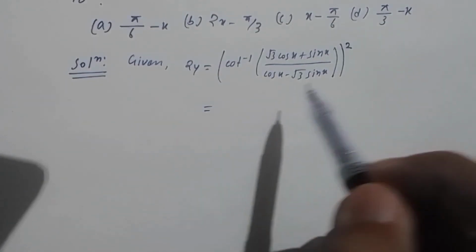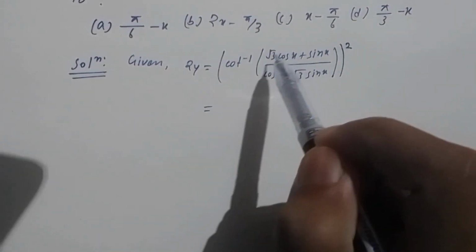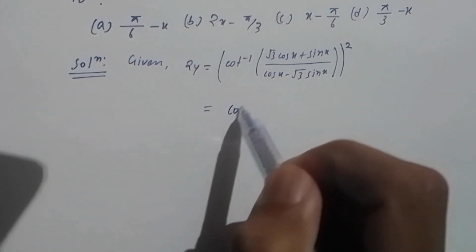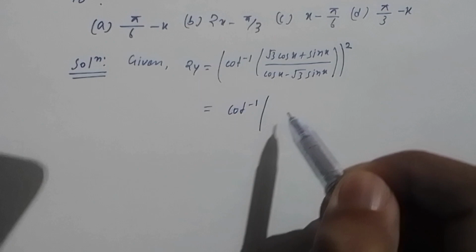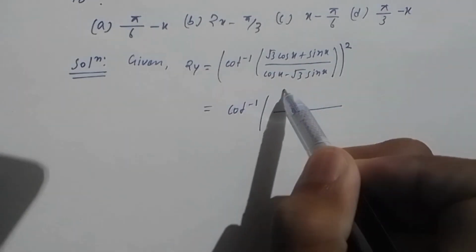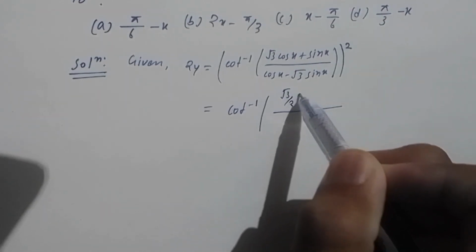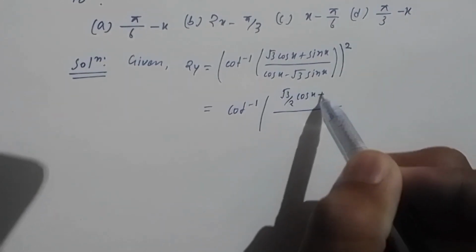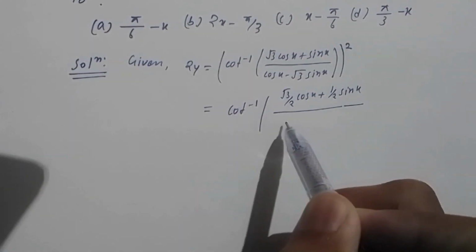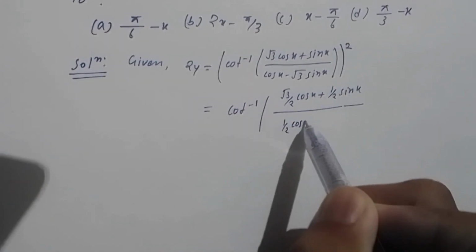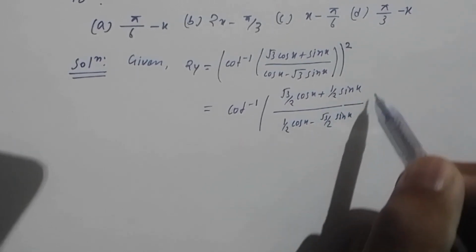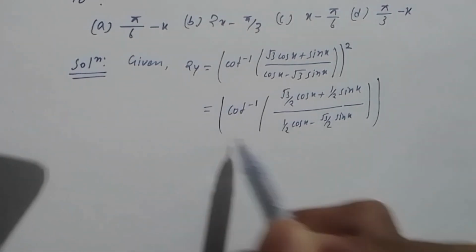So let's first of all simplify this domain. So cot inverse, let's divide the numerator and denominator by 2. Root 3 by 2 cos x plus 1 by 2 sin x, divided by 1 by 2 cos x minus root 3 by 2 sin x, whole square.